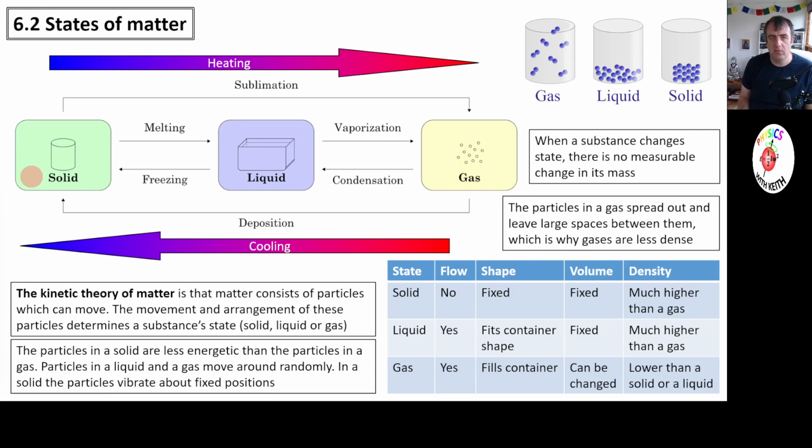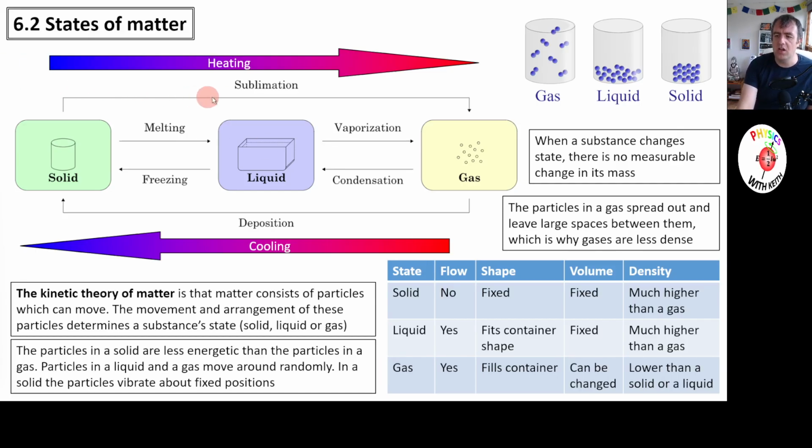It's deposition. And there are different ways of doing deposition, which is turning a gas into a solid. You can have, for example, chemical vapor deposition or physical vapor deposition. It does depend on the substance, the matter that you're changing from gas to a solid.